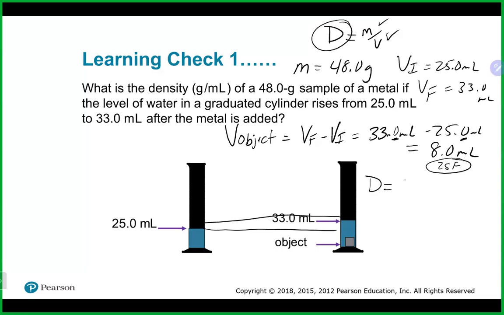Which is our density is our mass, 48.0 grams, divided by our volume, 8.0 milliliters. And that's going to get us here again, 48 divided by 8, going to give us again 6. Here we want to think about significant figures. So in the end here we divided. That means the top number here has 3 significant figures, as we figured out a second ago. Bottom number has 2 significant figures.